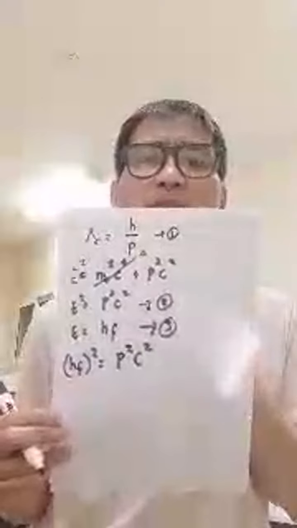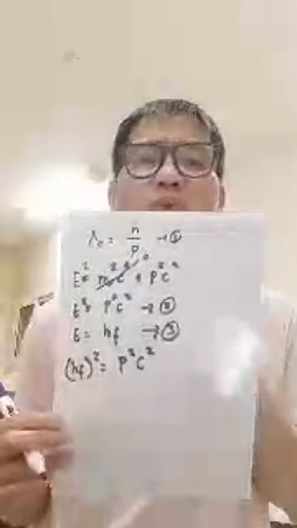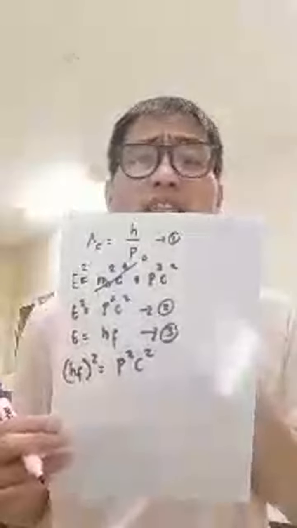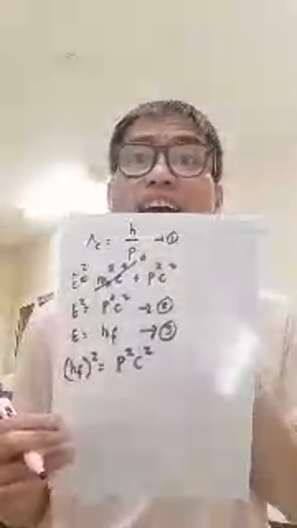So it's going to be hf raised to the power 2 equals capital P raised to the power 2 times c squared. You can see it on the paper. So the Planck constant times frequency raised to the power 2 is equal to momentum raised to the power 2 times the velocity raised to the power 2, the velocity of the light or the velocity of the electrons. It depends on what you are computing, as long as that is a particle.